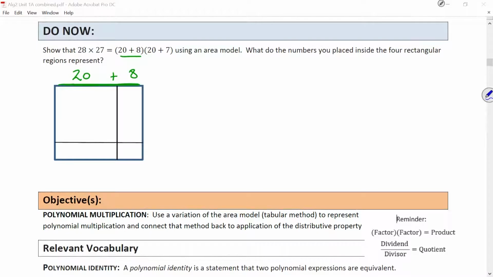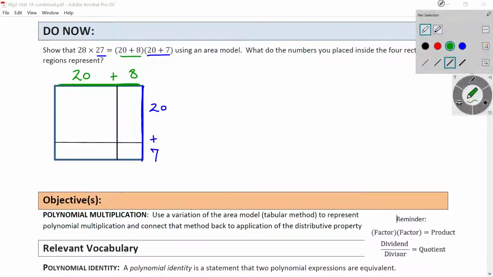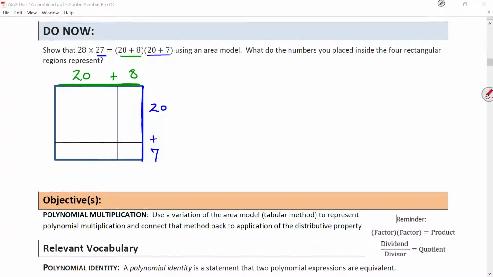And then this length right here will be 27, which I'll express as 20 plus 7. Now I have 4 spaces in here that I can find the area of each one. The square right here is 20 times 20, which is 400.